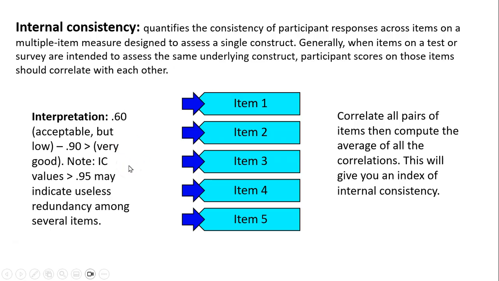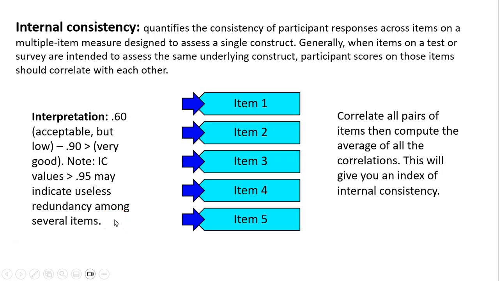Note, the internal consistency values, if they get too high, if they go above 0.95, for example, may indicate what I would consider to be useless redundancy among the items or among several of the items.